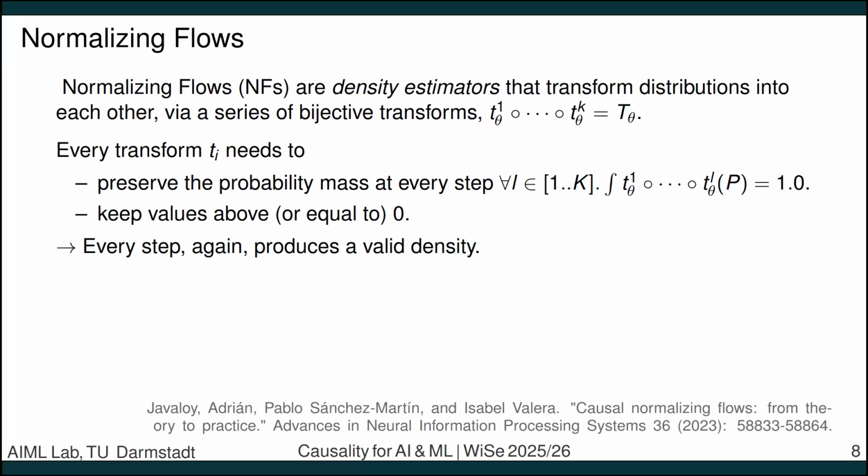Basically, what this means is that if we have trained our normalizing flow and we give it a data point, like some configuration of variables, this normalizing flow will output the probability of observing that particular data point, or rather the density of that.